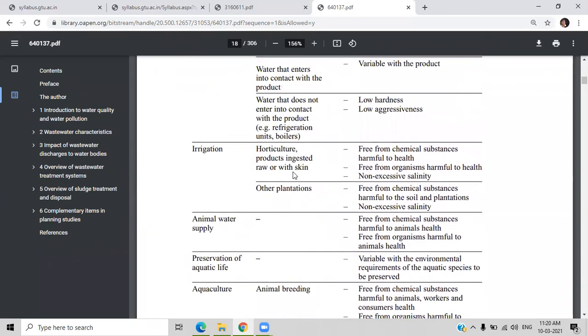So if we are talking about horticulture products ingested raw or with the skin, the water should be free from chemical substances which are harmful to health, free from organisms, and non-excessive in salinity.